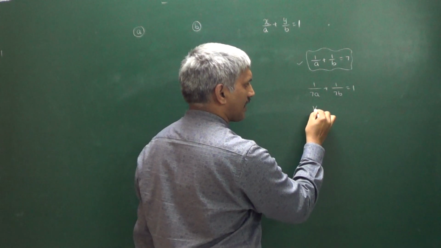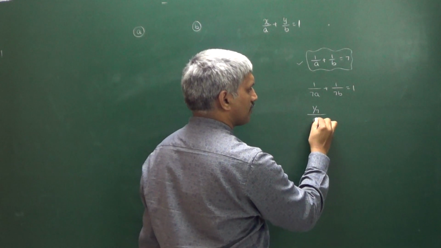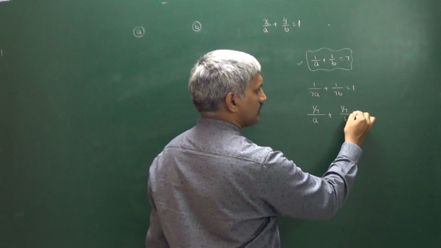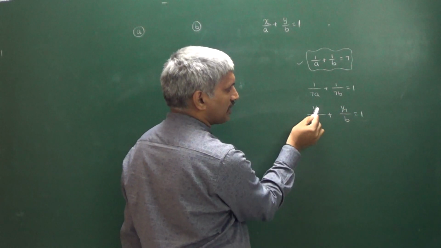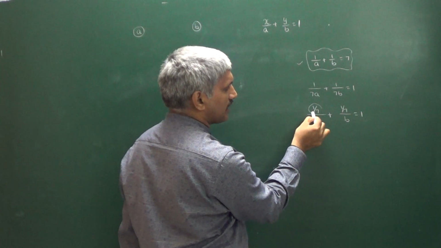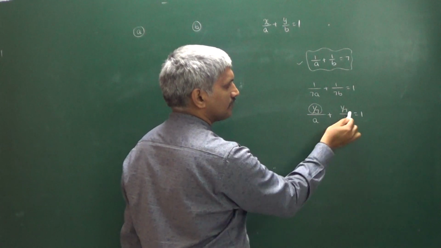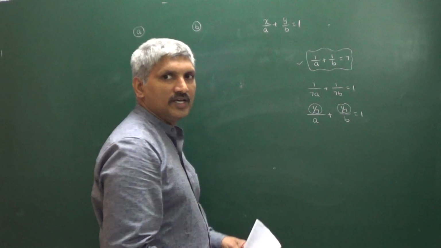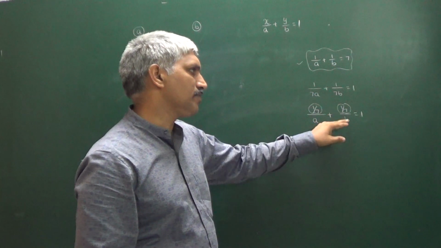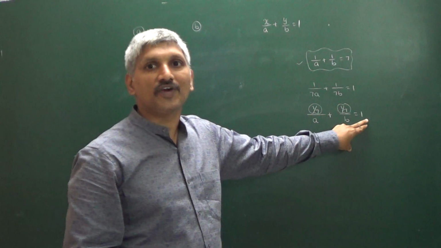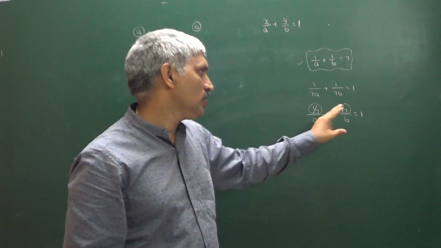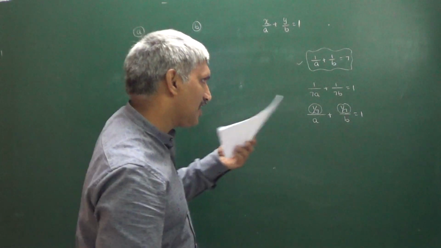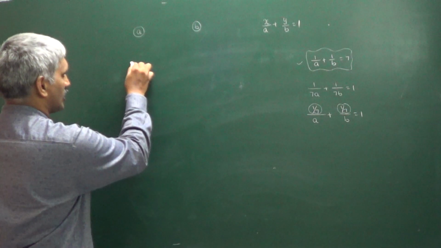Now again I can write that as (1/7)/a plus (1/7)/b is equal to 1. Then it is in the form of x by a plus y by b is equal to 1, which always passes through the fixed point (1/7, 1/7). There ends the matter.